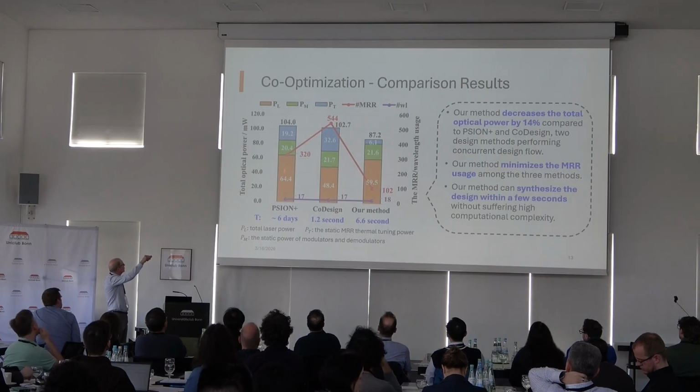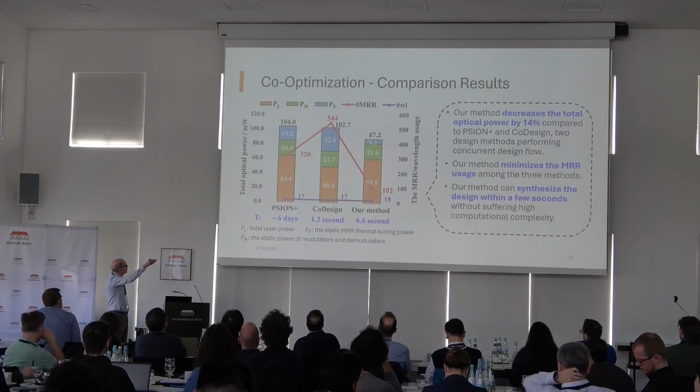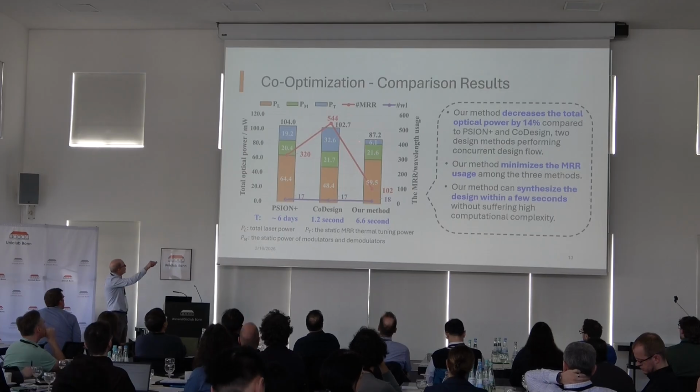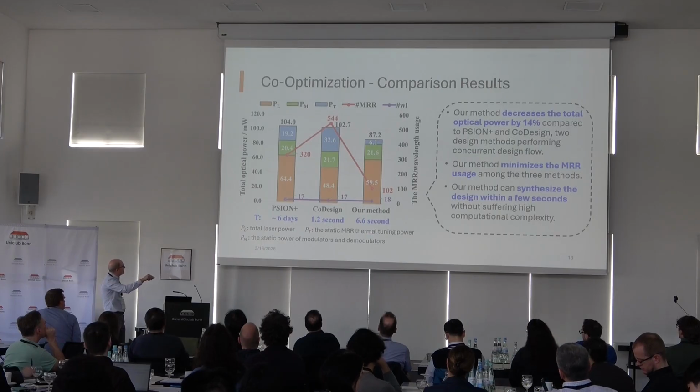The bars here, this is the power consumption. And you see that this new approach has a lower power consumption. And this is primarily driven by this part up here, which is the MR microring resonator thermal tuning power.